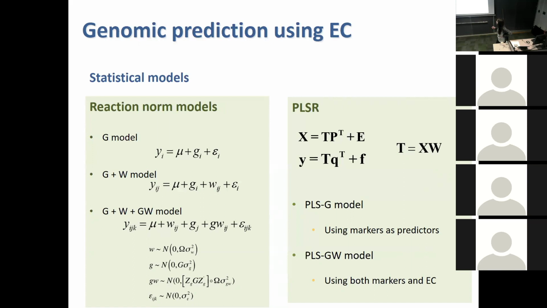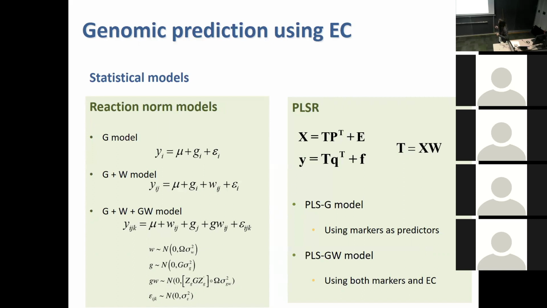Then a G+W model that has a genotype component and an environment component, and the environment component was modeled using the matrix of covariance between environmental covariates. And the G+W+GW model adds an interaction term between genotypes and environment, modeled using the multiplicative product between the two relationship matrices.